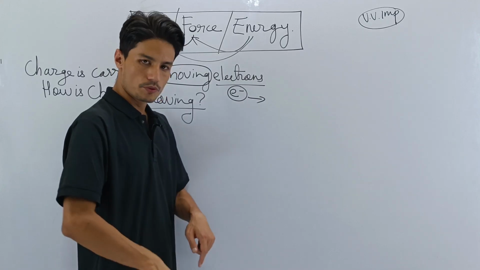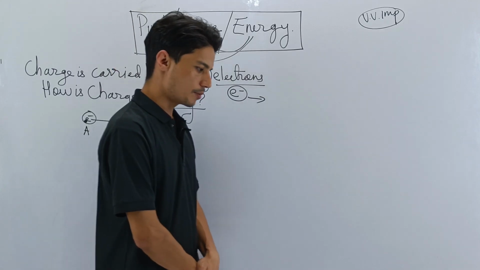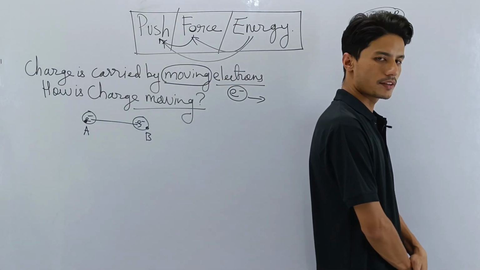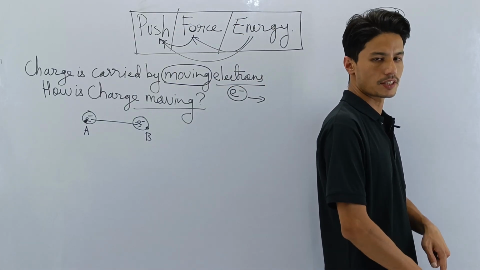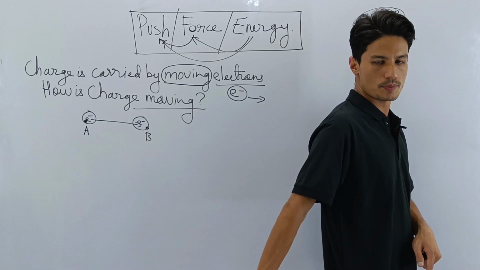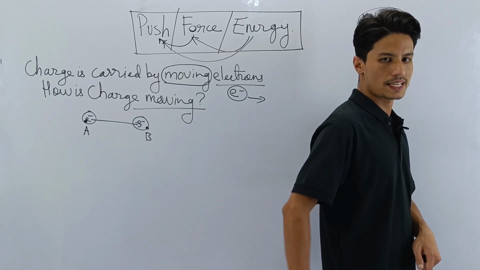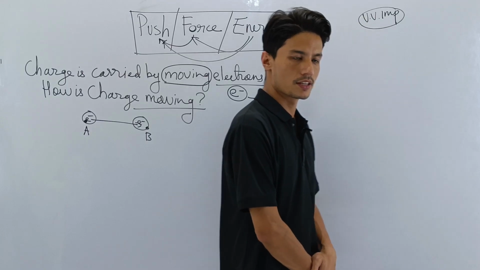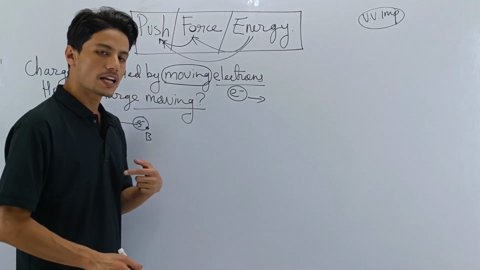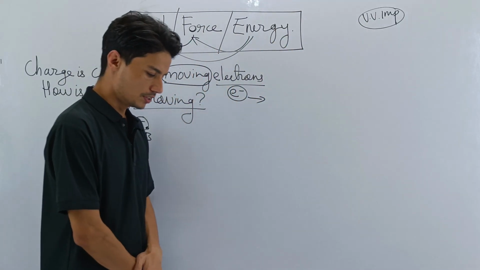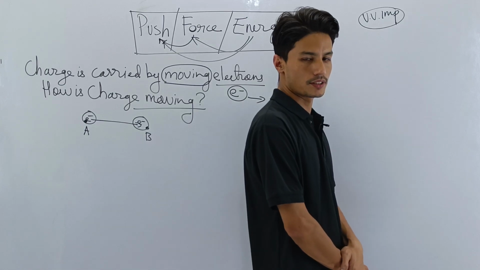Movement will be when this is my initial position, and then I move, and I'm here now. So this is my final position. That was my previous position A, and now this is my new position B. So have I moved? Yes. So electrons are moving from one point to another point.